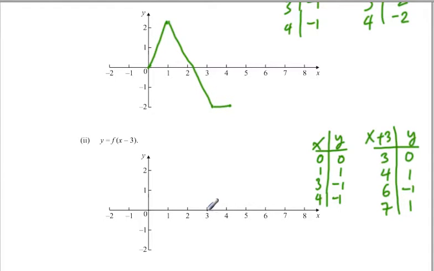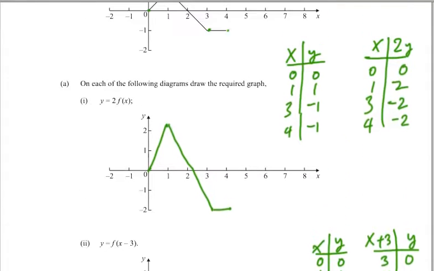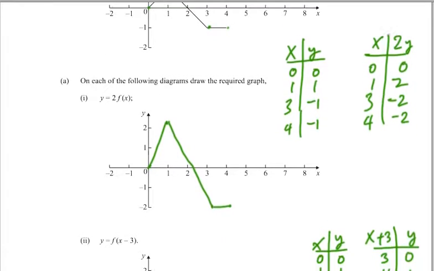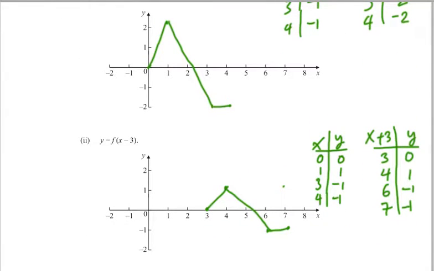So (3, 0) is right here, (4, 1) is right here, (6, -1) is right here, and (7, -1), sorry, I copied it wrong, is right there. We go there, there, and there, and compared to the original graph, it looks like it's been moved to the right by 3.